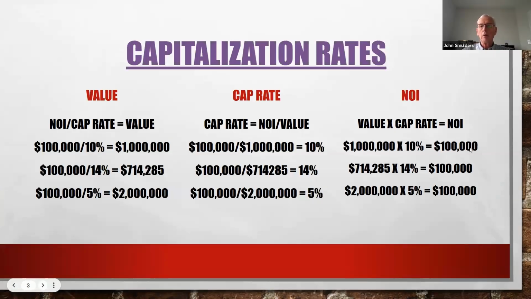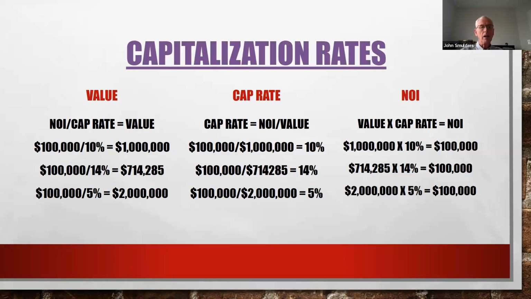Once again, we went through this to give you the example of how capitalization rates are inversely proportional to the value of the business. If you have a cap rate on the far left-hand side of 5% and your NOI is 100,000, the value of your business is 2 million.